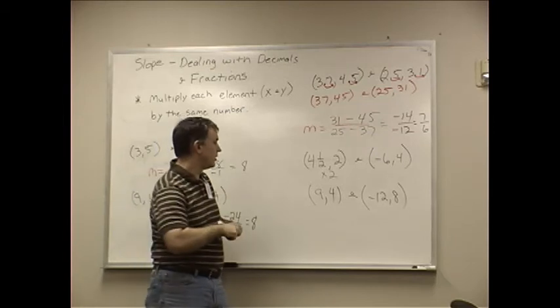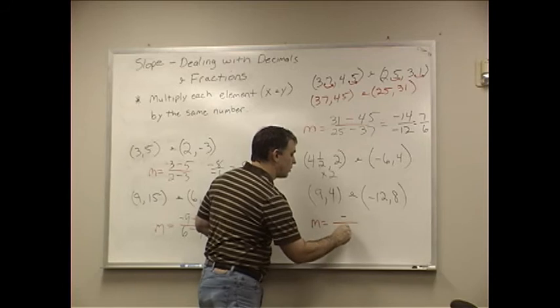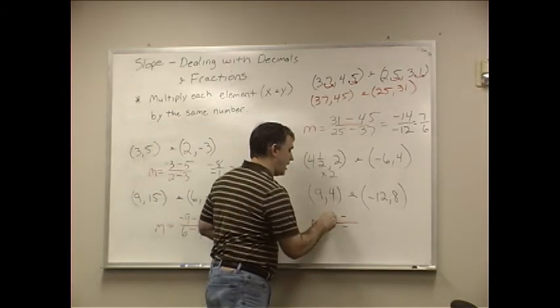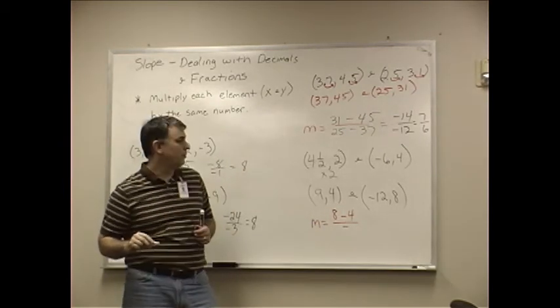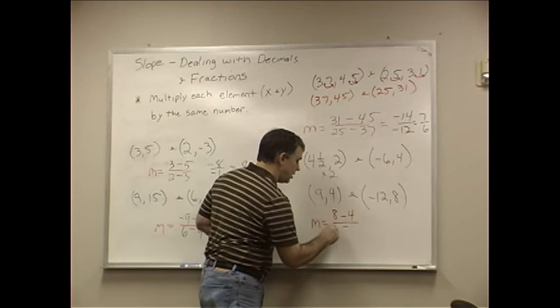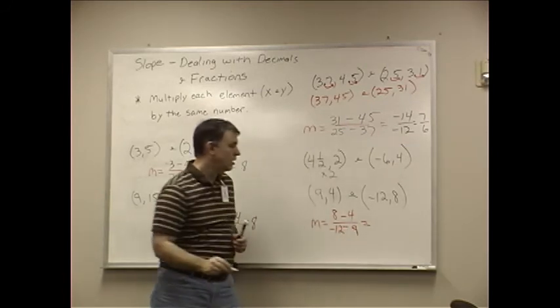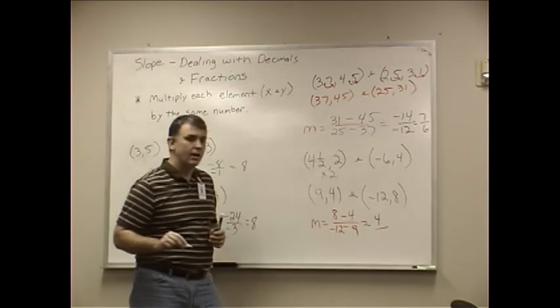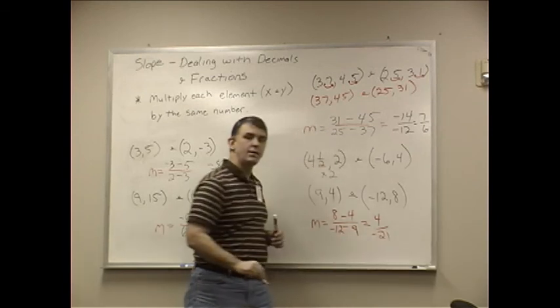From here, it's the nice straightforward step of just plunking it into our formula. So y2 minus y1, 8 minus 4, and then x2 minus x1, -12 minus 9. 8 minus 4 is 4, and -12 and -9 is -21.